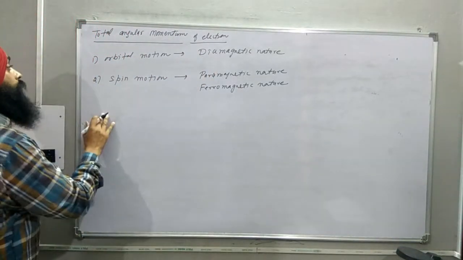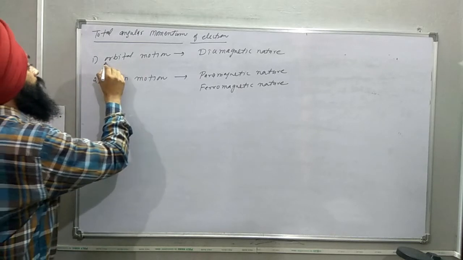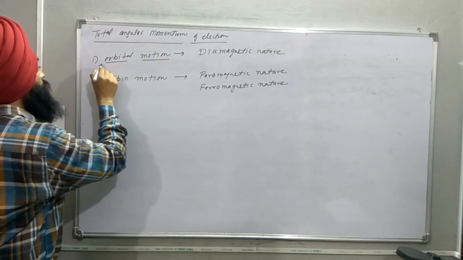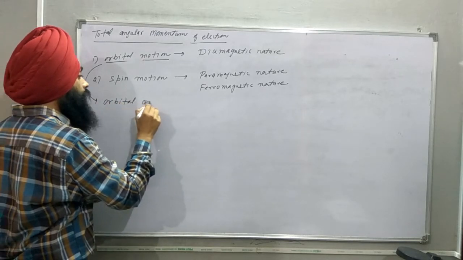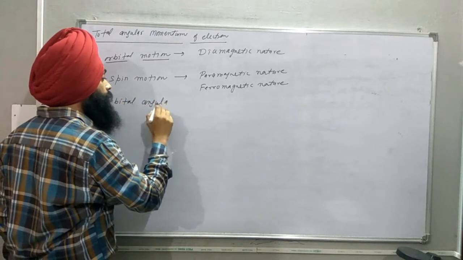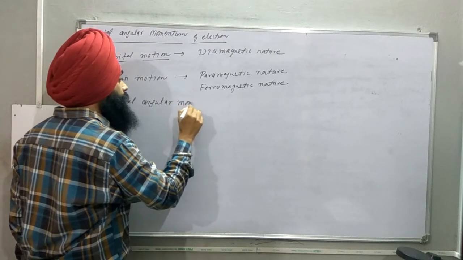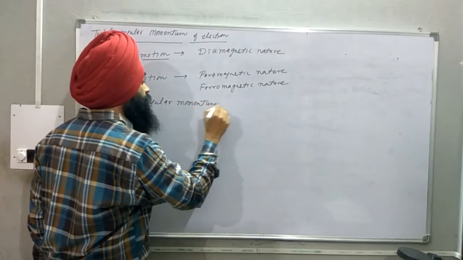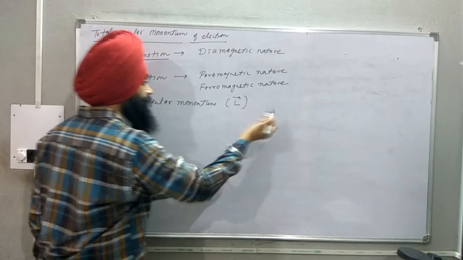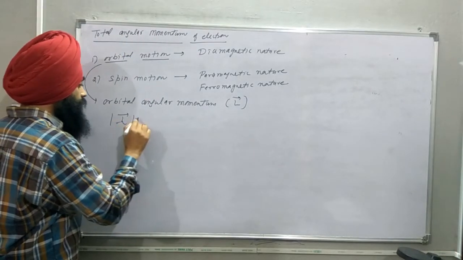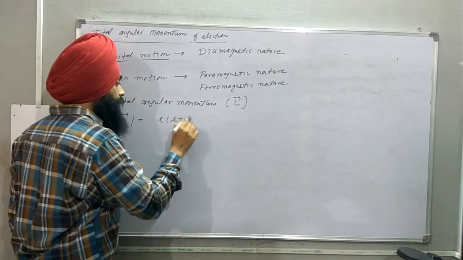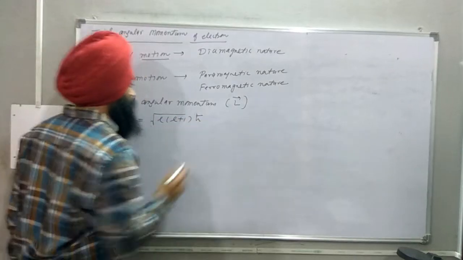So let us come to our topic, orbital motion. For this orbital motion we have orbital angular momentum, which is called capital L. Its value in magnitude is given by under root L into L plus 1 h cut.